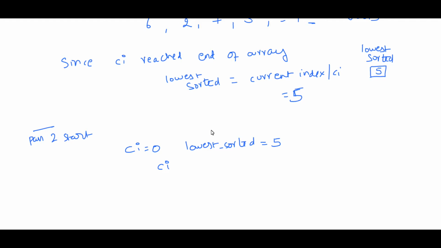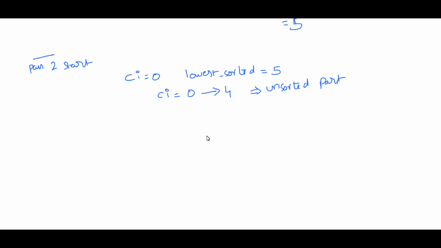So our CI has to sort all the elements starting from position 0 till position 4. This is the unsorted part. So we're going to work on that now.